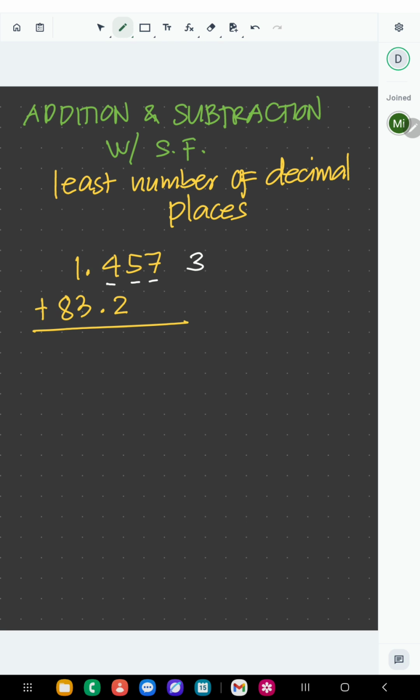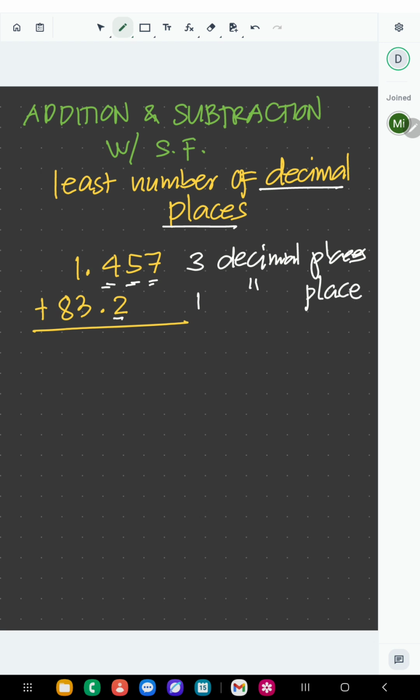No, we're counting the decimal places, not the significant figures. Of course, it has 4 significant figures. This one has 3 decimal places, so you won't be confused. And the second number has 1 decimal place.